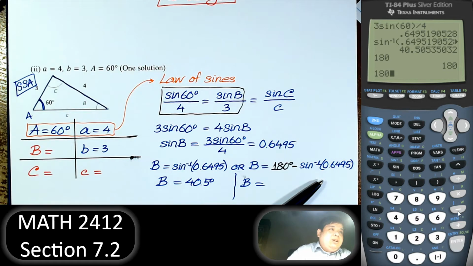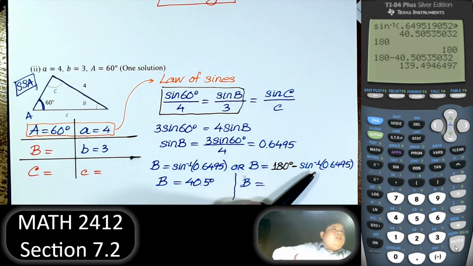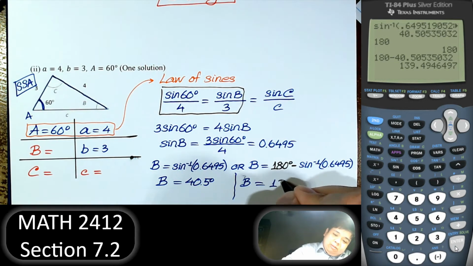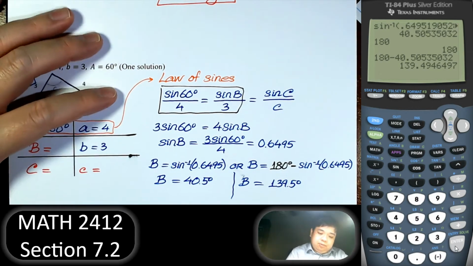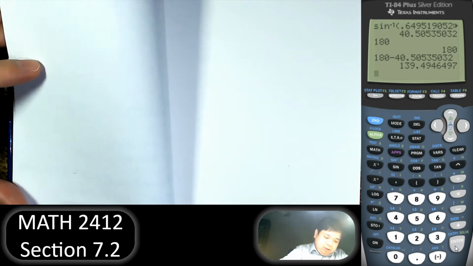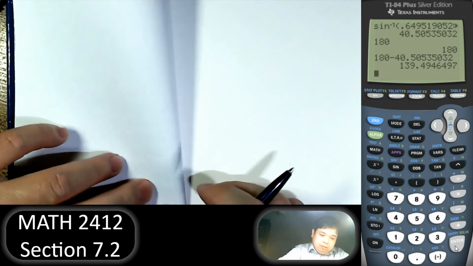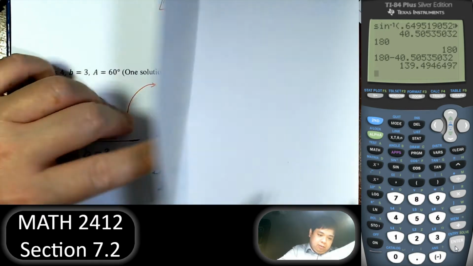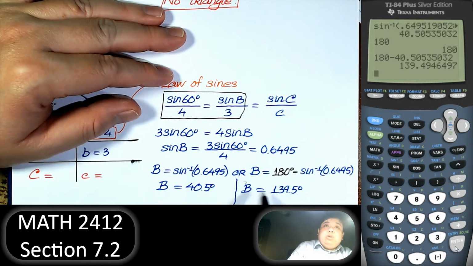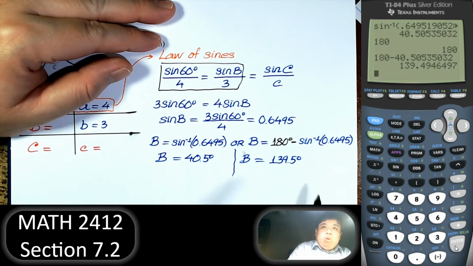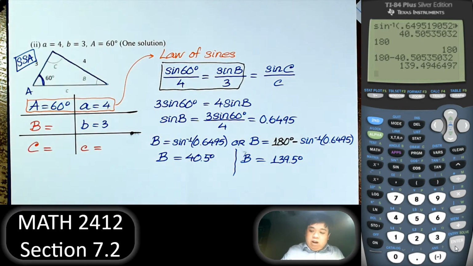180 minus that is 139.5 degrees. So we have two scenarios. One of them is B equal to 40.5 degrees, and the other one is 139.5 degrees.